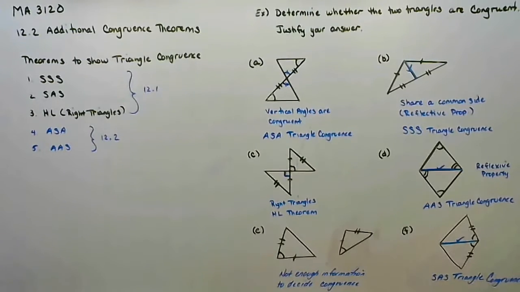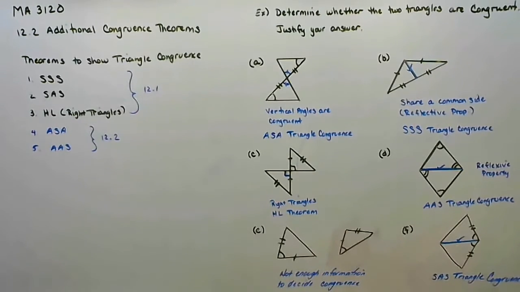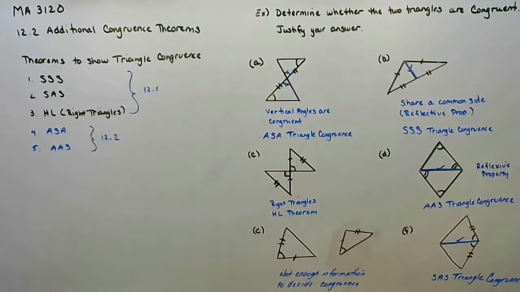All right, so that was just a practice of identifying them, because we're now going to use those to start proving some other theorems and to start doing some basic geometry proofs. Now, when I say basic, that doesn't mean easy. When I say basic, it means we're just going to use the terms that we've done so far.